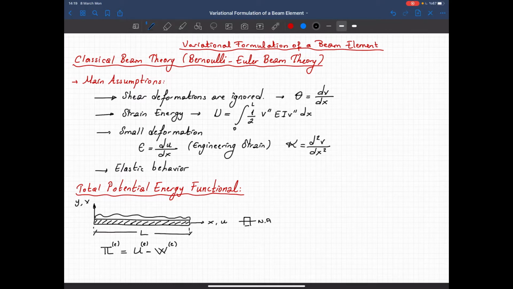So I'm just writing it for a single element now. So that's equal to, from 0 to L, 1/2 EI curvature squared dx minus from 0 to L w V times dx. w is the magnitude of the uniformly distributed loading.